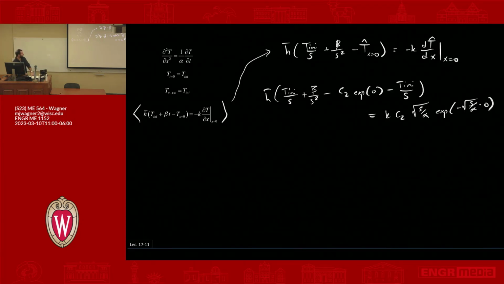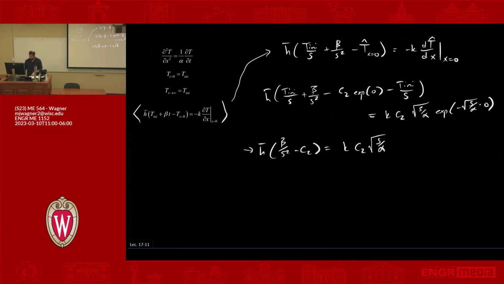Or just plugging in the stuff we know. Then we can simplify this, and it turns into h bar times beta over S squared minus C2 is equal to K times C2 times the square root of S over alpha.